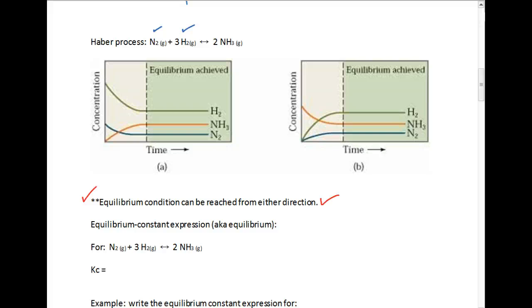In this first graph, we'll call it graph A, we have a high concentration of H2, and a lot less concentration of N2. So there's our H2, and there's our N2. At time equals 0, we don't have any NH3. NH3 is represented by that orange line.